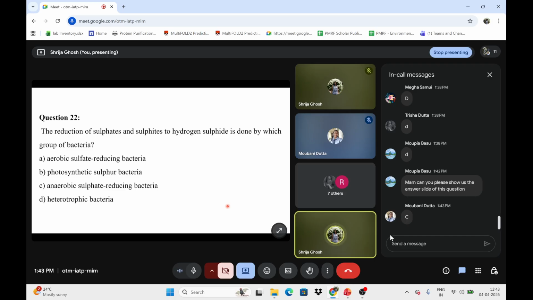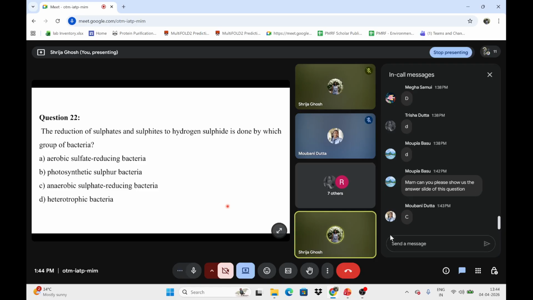All of you write your answers in the chat box. I just explained the whole Winogradsky column, so you should remember which group of bacteria was carrying out the reduction of sulfates and sulfides to hydrogen sulfide.